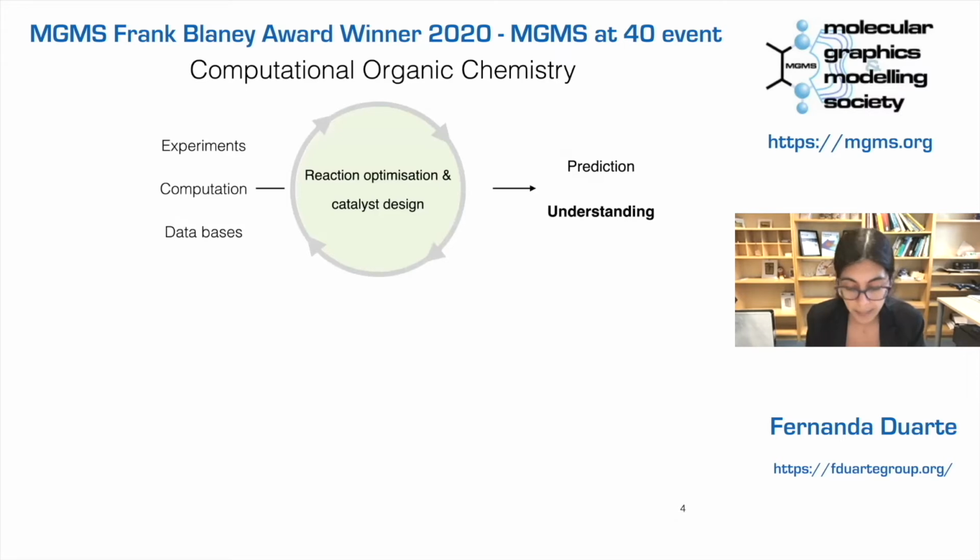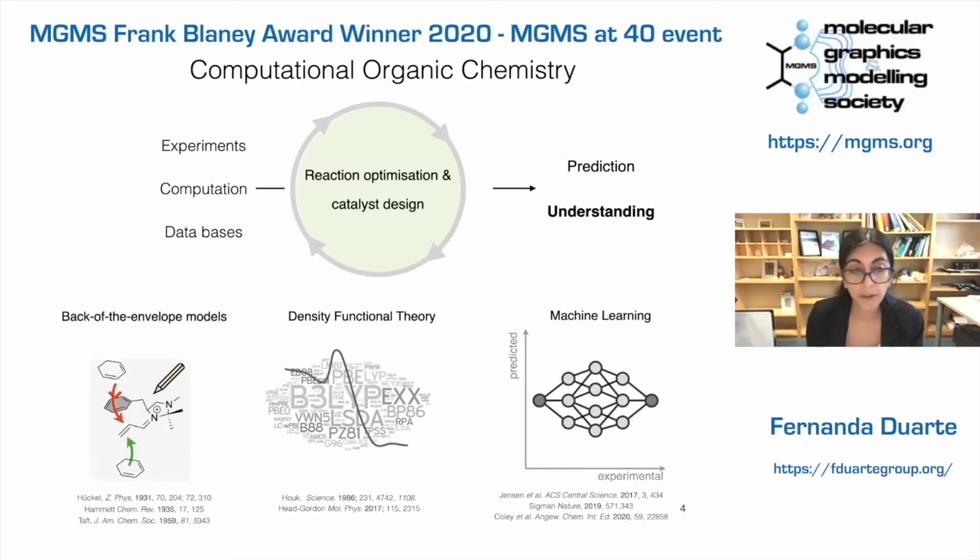But before, I will just mention a bit of the motivation and where we are in the area of computational organic chemistry. We were just looking before: we think that we have solved how to make a compound that is very important in drugs, but actually how to make bonds, specifically highly selective, remains a challenge. And computational chemistry has contributed hugely during the last 100 years almost in understanding chemistry.